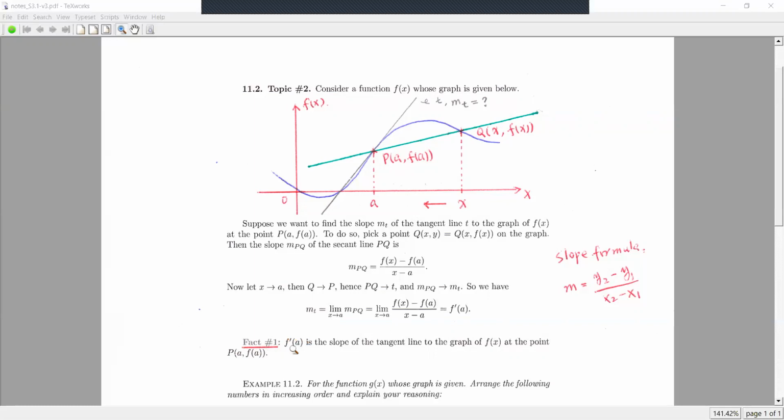The derivative of function f at the point A is the slope of the tangent line to the graph of the function at the point P. This point, the x-coordinate is A, the y-coordinate is the function value at A.